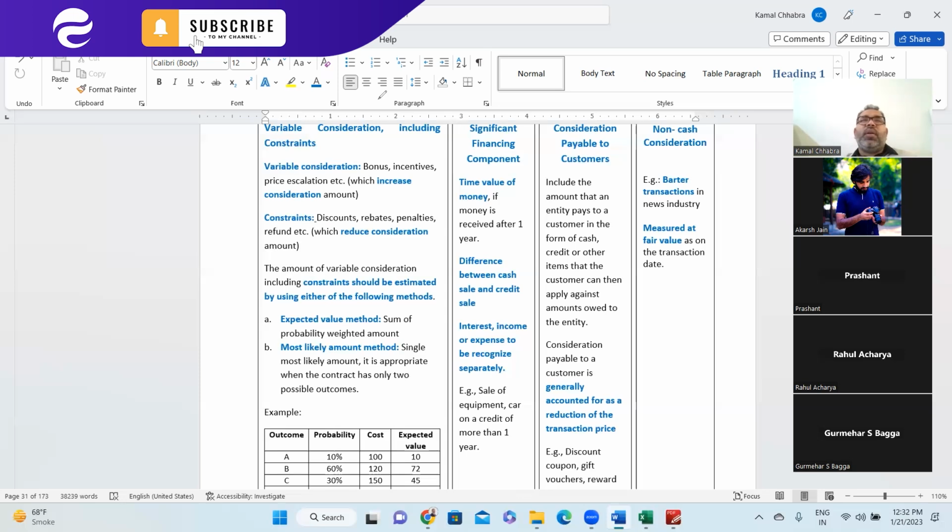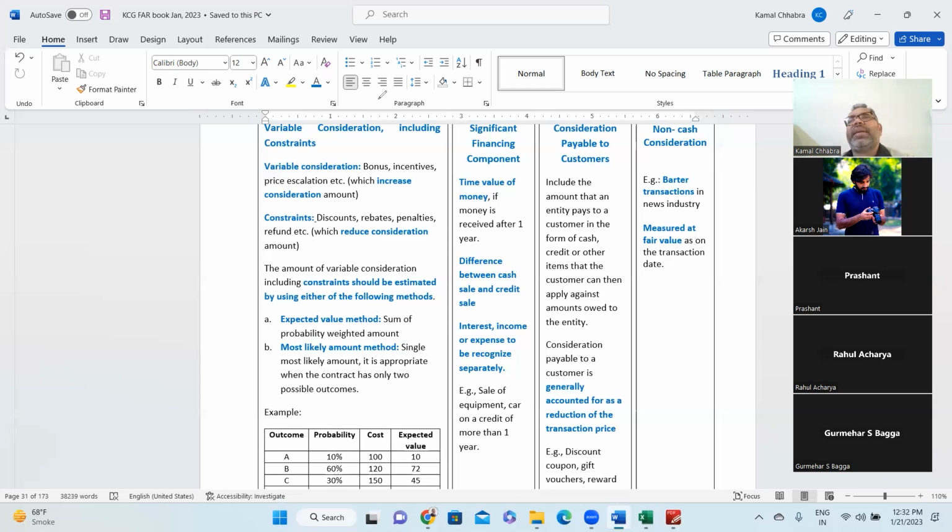So the $10,000 which you are extra charging is basically financing income, not sale of goods, right? For example, if you sell this $100,000 truck and most of the time you give a 10% discount, the actual or average sales price of this truck is, let's assume, $90,000 if people buy on cash.